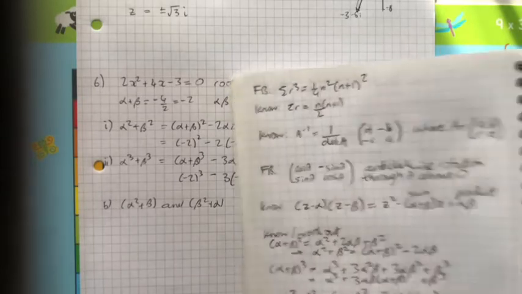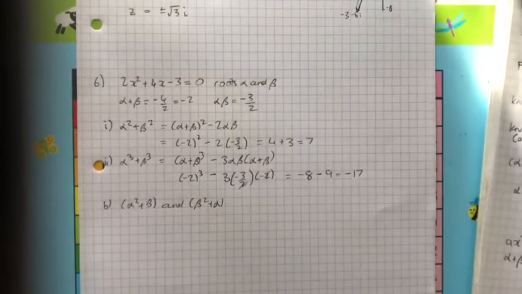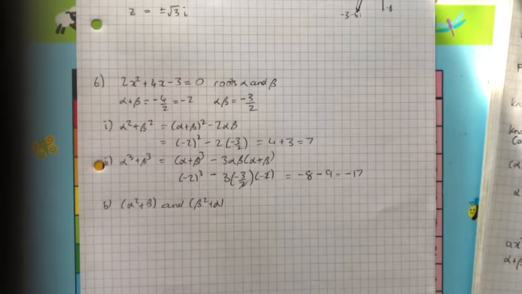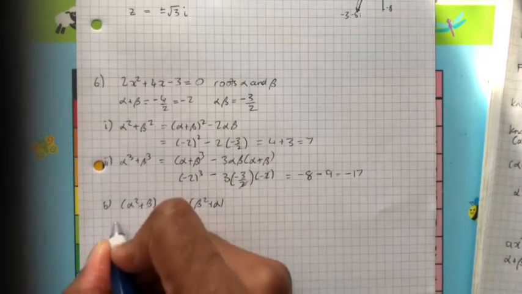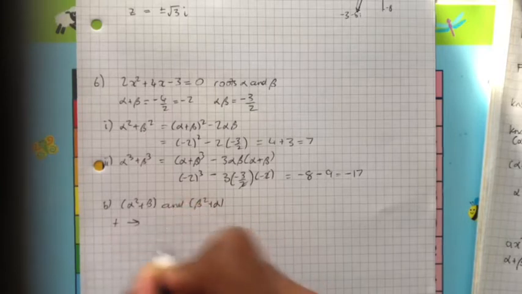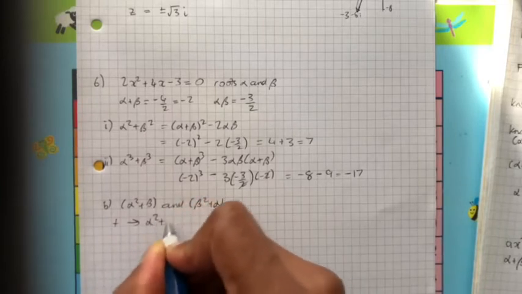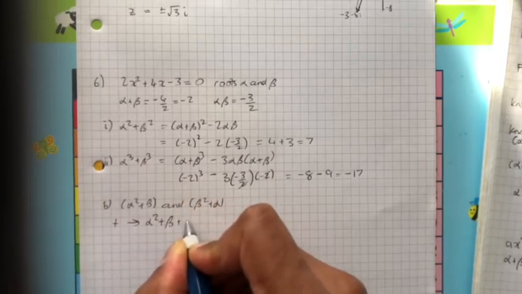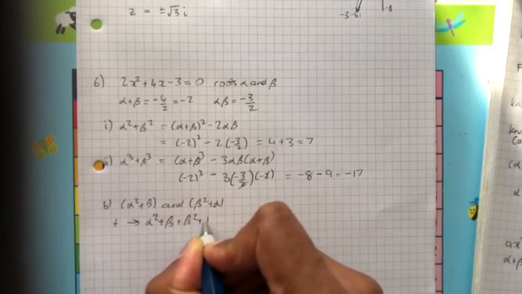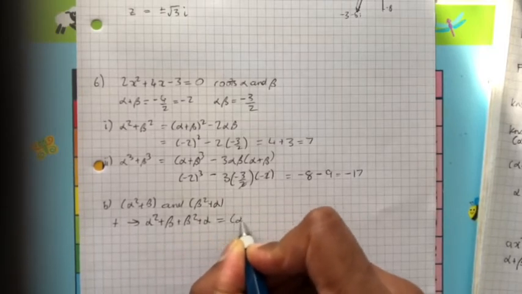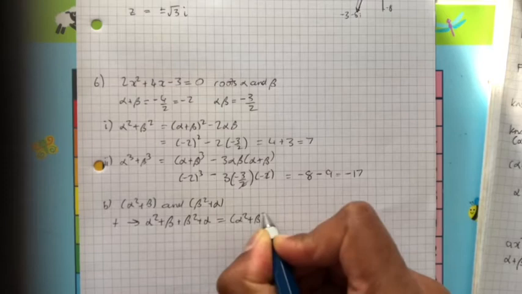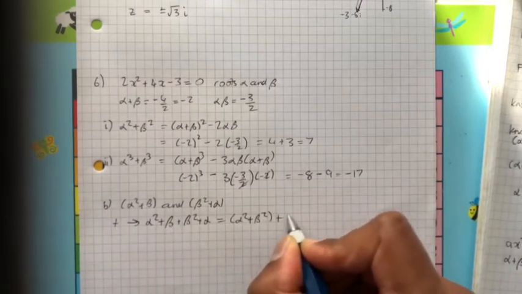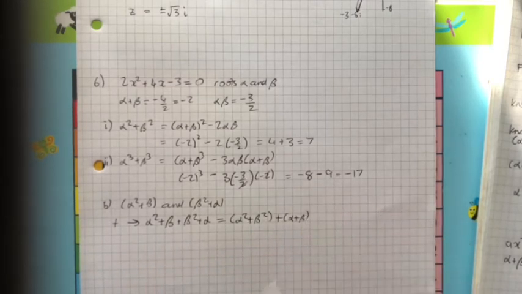So if we know our roots, what we can do is work out the sum of our roots and the product of our roots. So if we add those, that gives us alpha squared plus beta plus beta squared plus alpha, which is alpha squared plus beta squared plus alpha plus beta.